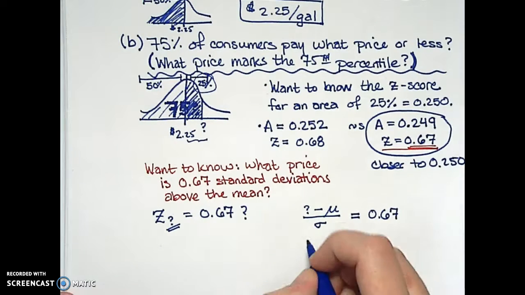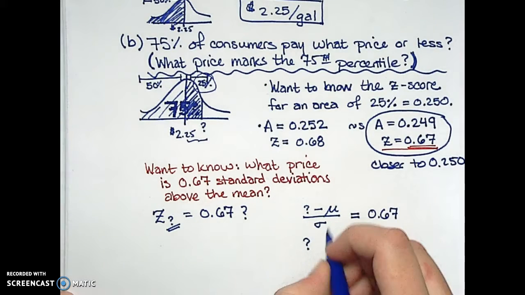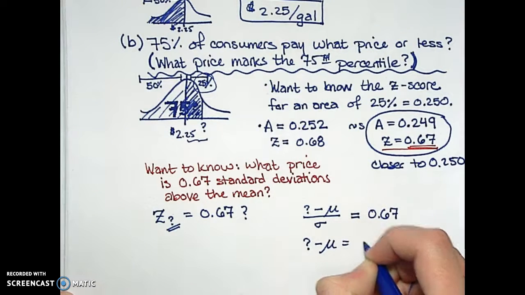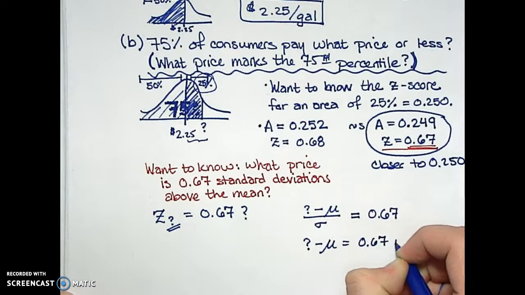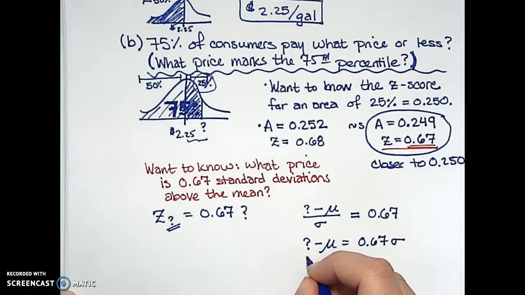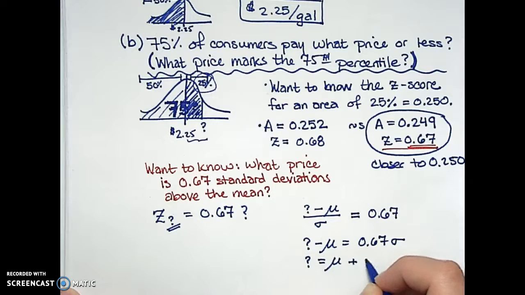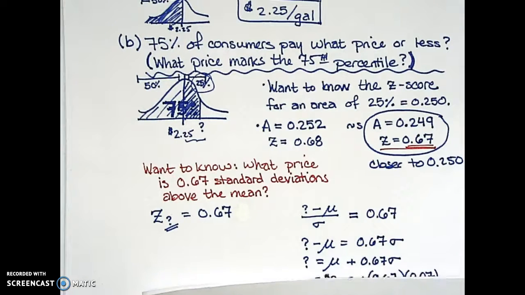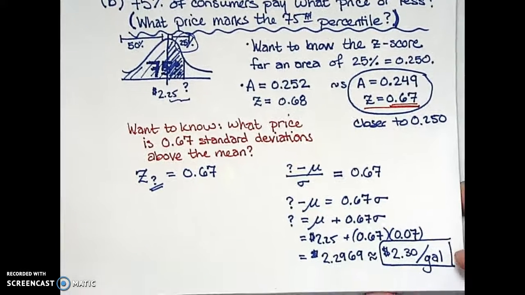So if we were to solve this equation, the next step would be the price minus the average is equal to 0.67 times the standard deviation. Adding the mean to both sides, we have our price in question is equal to our average plus 0.67 standard deviations. Plugging in our specific values of $2.25 for the average and 7 cents for our standard deviations, we obtain the following for our answer.